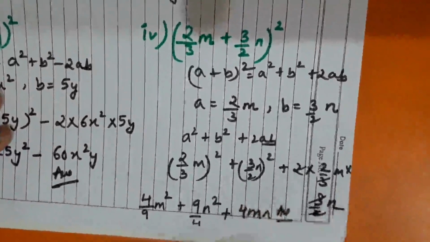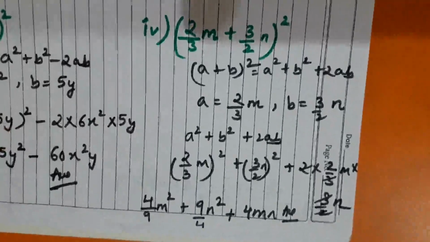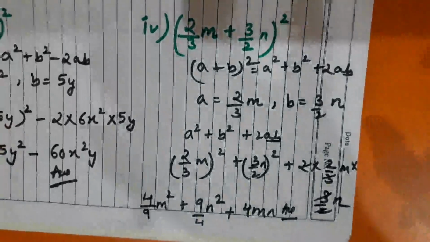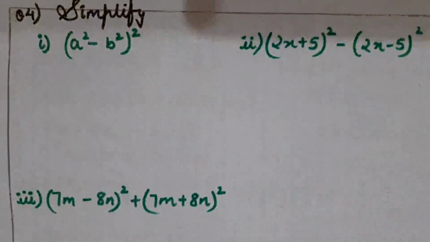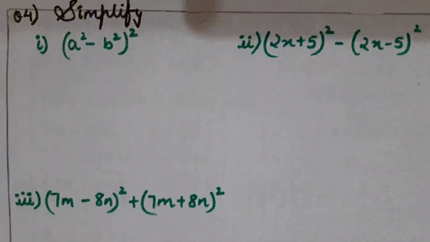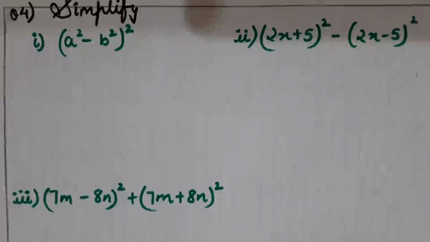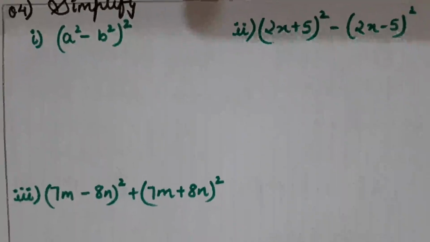So this will be your answer. Okay, now let's move to the next question. Now next question is question number 4. Simplify. Simplify means you have to simplify as much as we can.